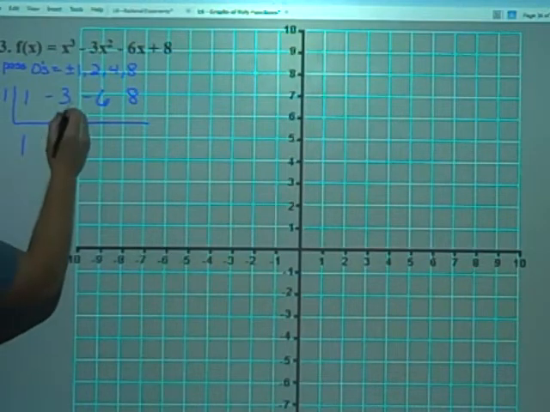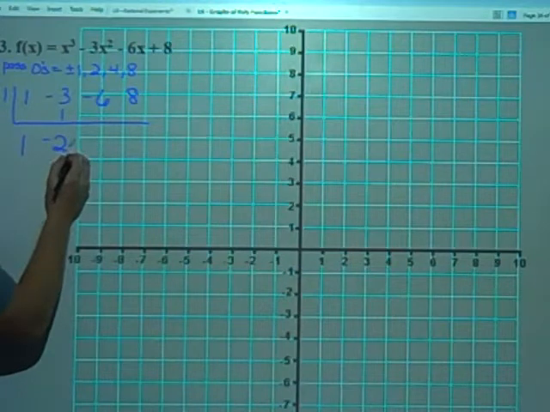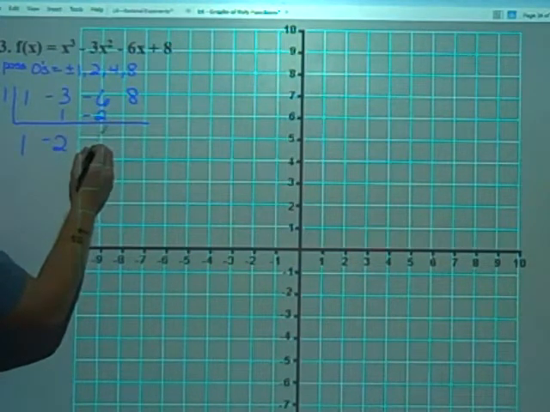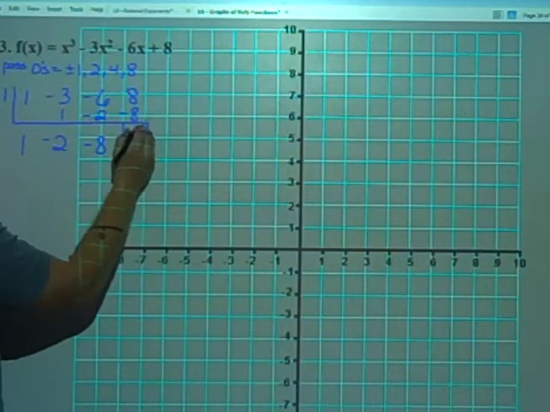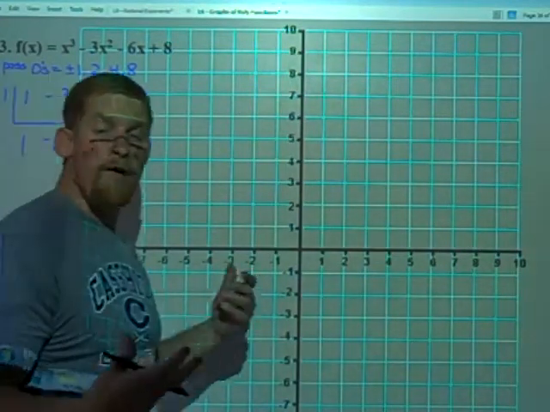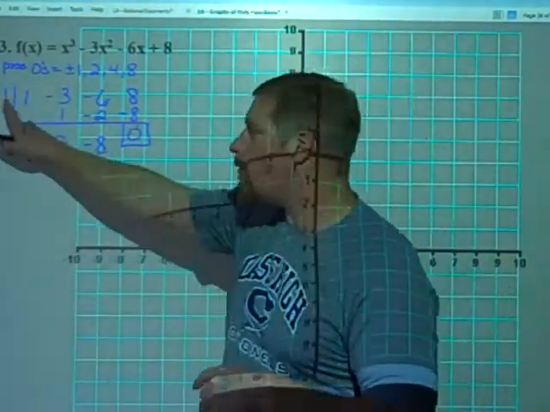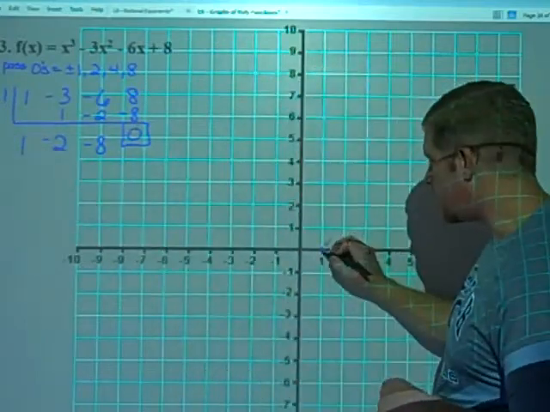That's 1, negative 2, that gives me a negative 8 and negative 8. Yay! We found one of our zeros. It wasn't that hard this time, and luckily 1 was the zero that we could start with. So I know that that one is going to work.